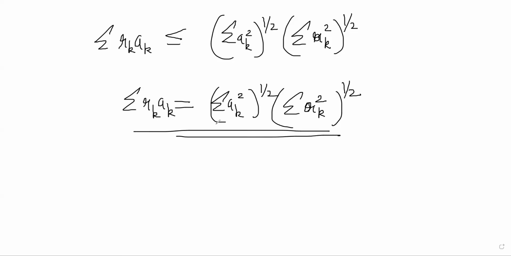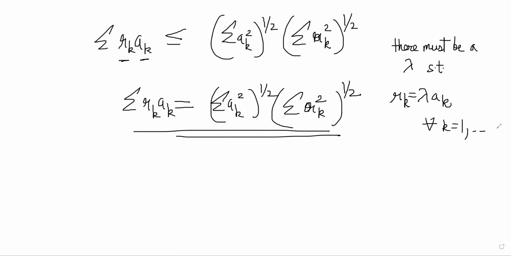So the equality case in Cauchy's inequality comes only when the two vectors are proportional, right? So there must be a lambda such that rk is equal to lambda ak for all k goes from 1 to n, right?